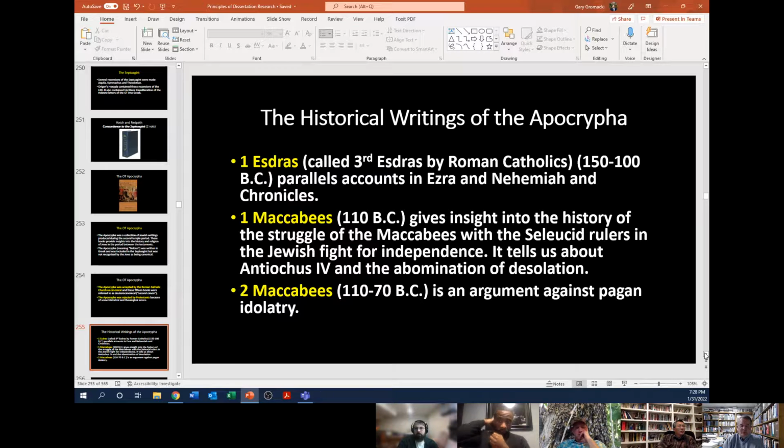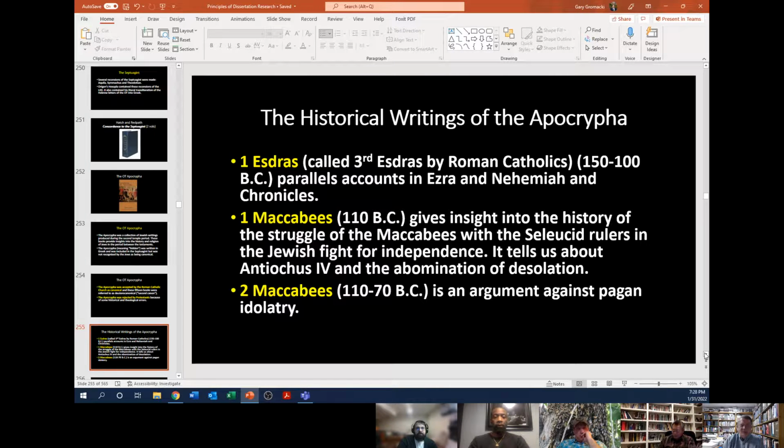That's the rulers of ancient Syria, in the Jewish fight for independence, especially focusing on Antiochus IV, who was a type of the Antichrist. So, Daniel himself and his prophecy references this time period. So that's important to recognize that.